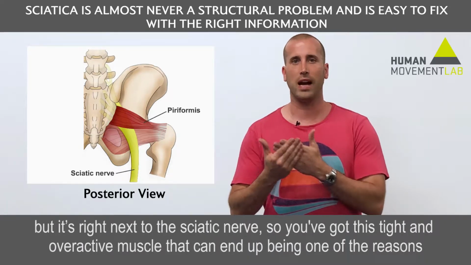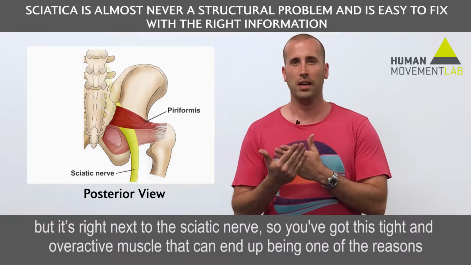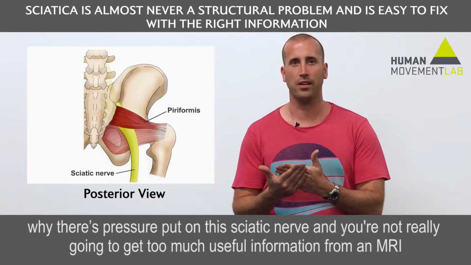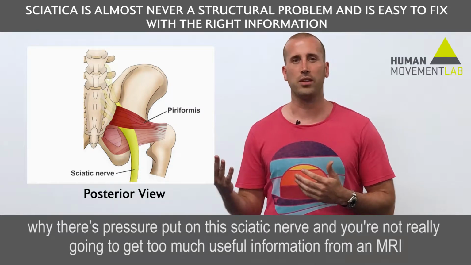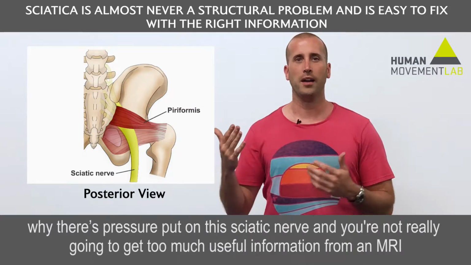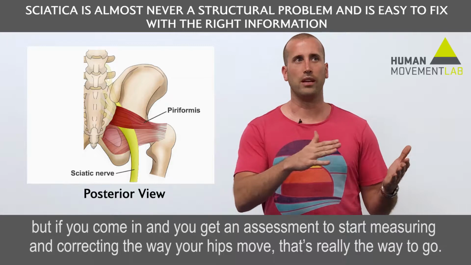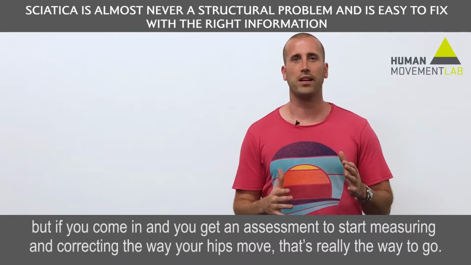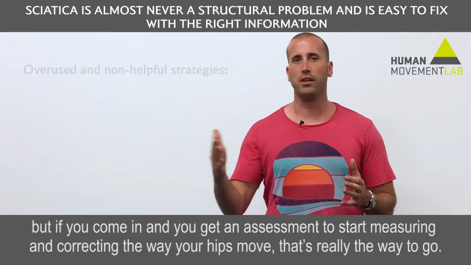So you've got this tight and overactive muscle that can end up being one of the reasons why there's pressure put on the sciatic nerve, and you're not really going to get too much useful information from an MRI, but if you come in and get an assessment to start measuring and correcting the way your hips move, that's really the way to go.